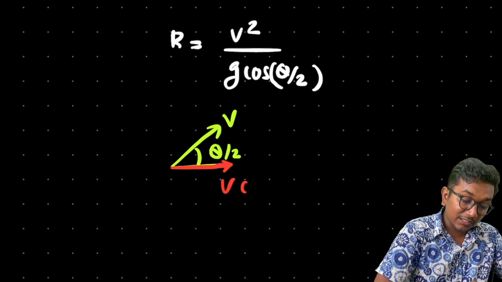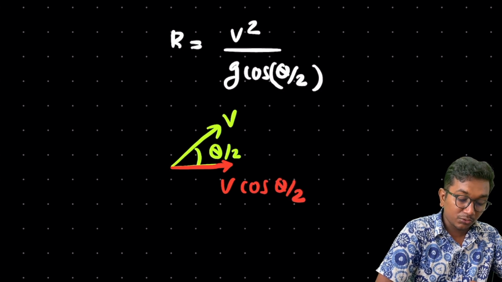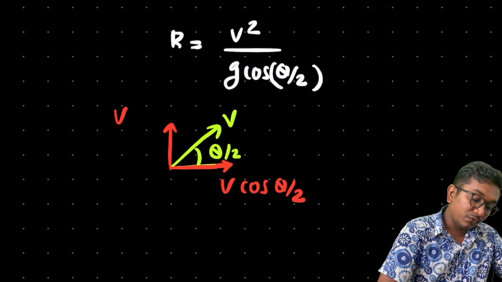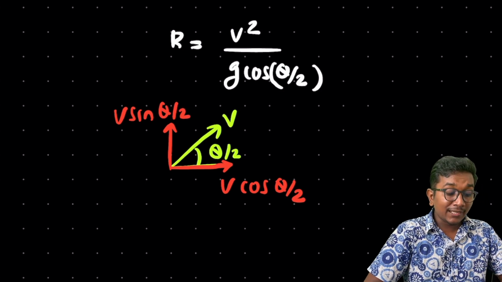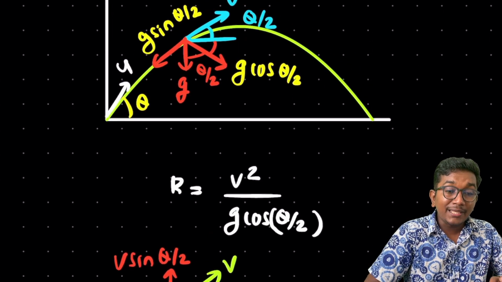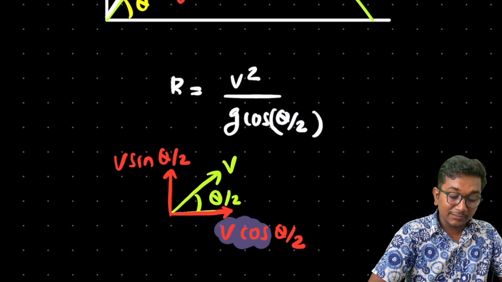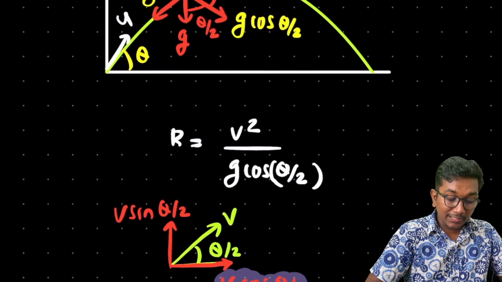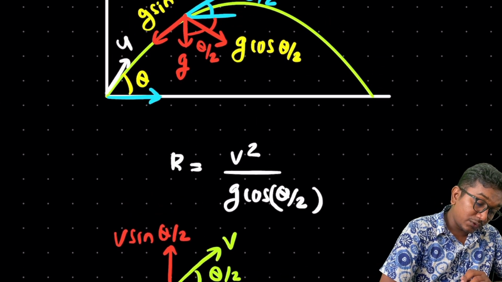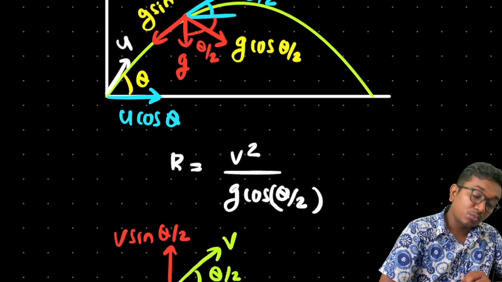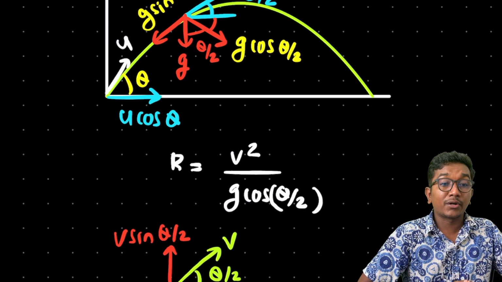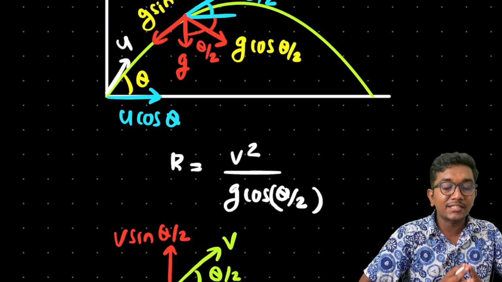This is v cos theta by 2, and this will be v sin theta by 2 at that point. And this v cos theta by 2 will be equal to u cos theta. Why? Because the horizontal component of velocity will always be the same.